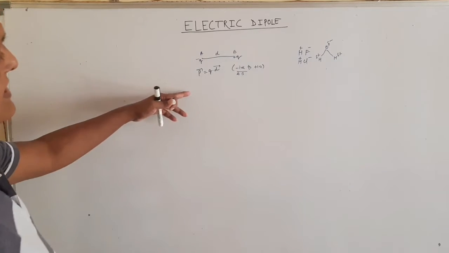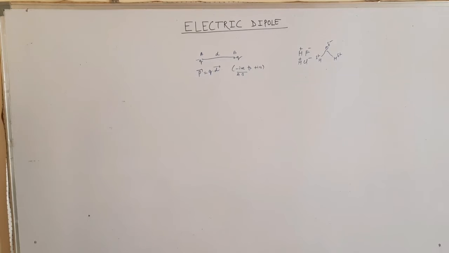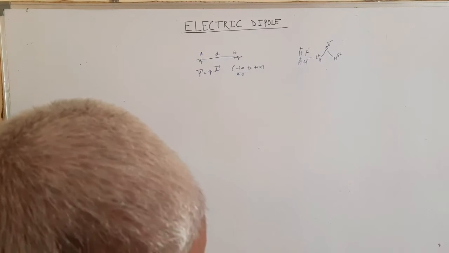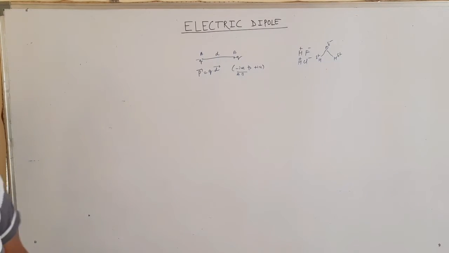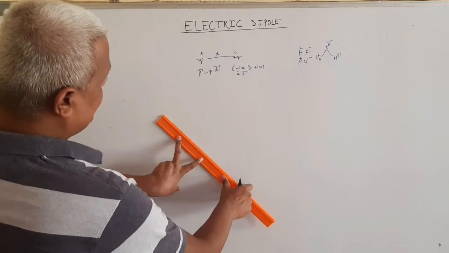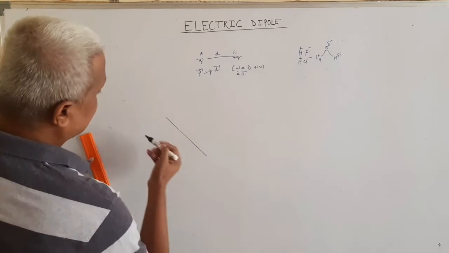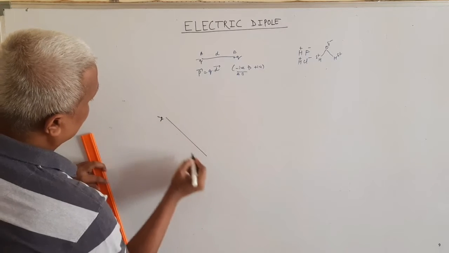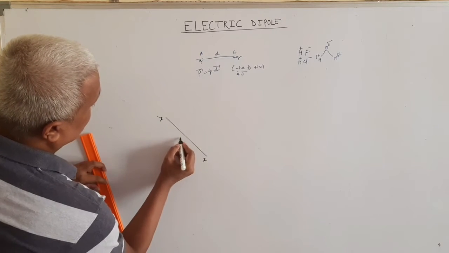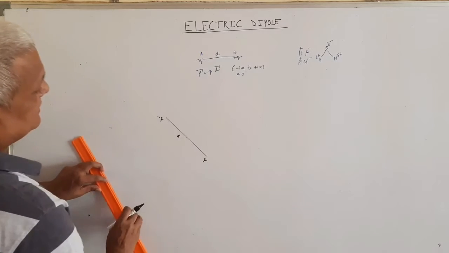In this chapter, we are trying to find the electric potential due to a dipole. So for that, I need to draw this: this is my dipole, minus Q and plus Q, separated by a distance D, with O as the midpoint.